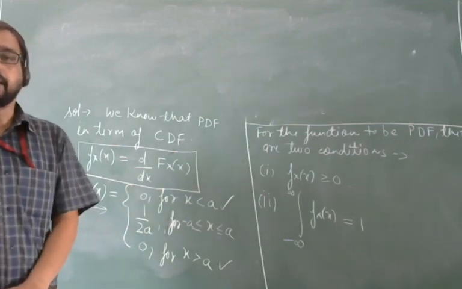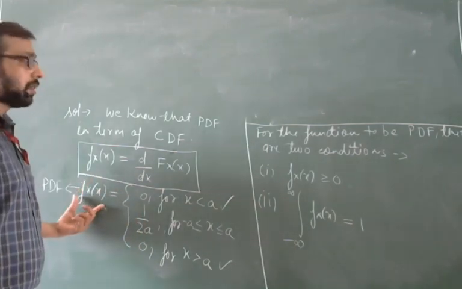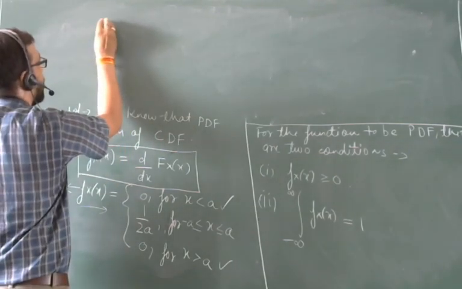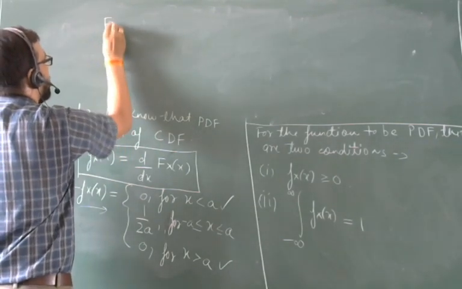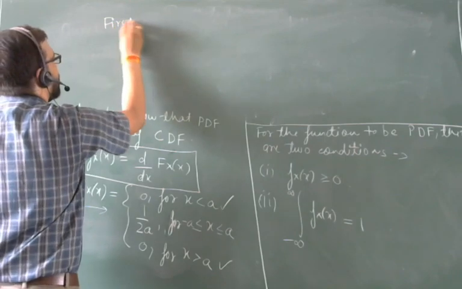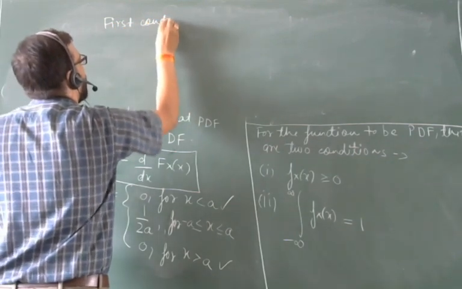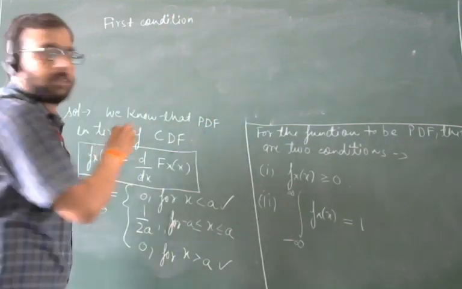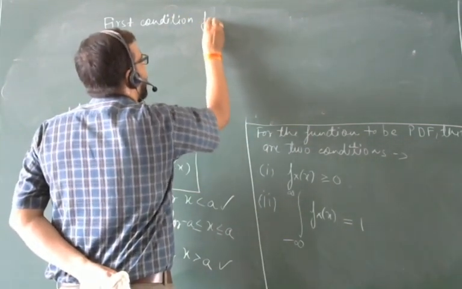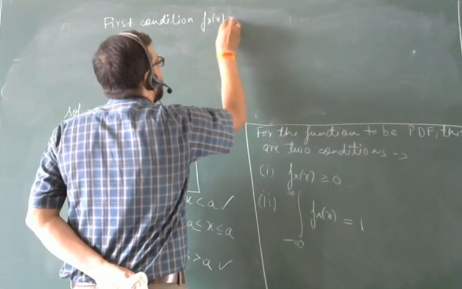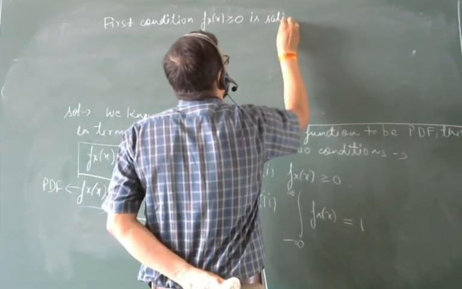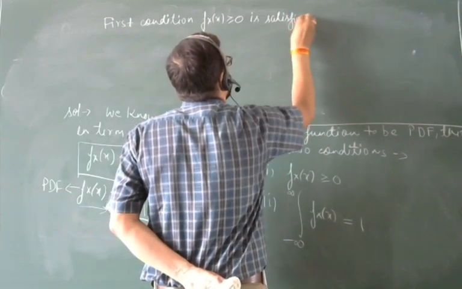We can say that this quantity is always greater than or equal to 0, means the first condition, f(x) greater than or equal to 0, is satisfied.